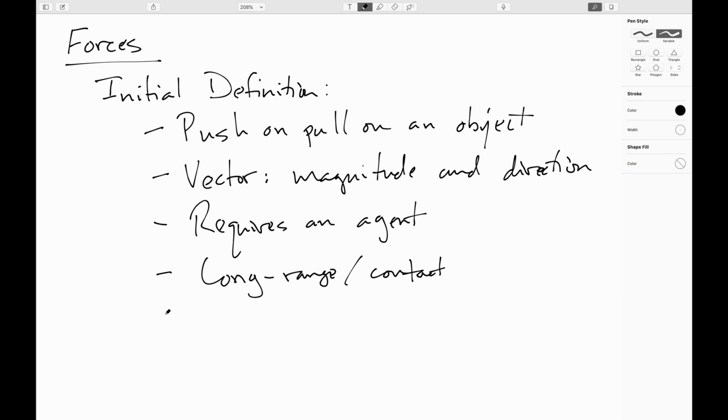And maybe a little less obvious, but if you think about it for a while, you come to the realization that force is probably best characterized as a mutual interaction of objects.